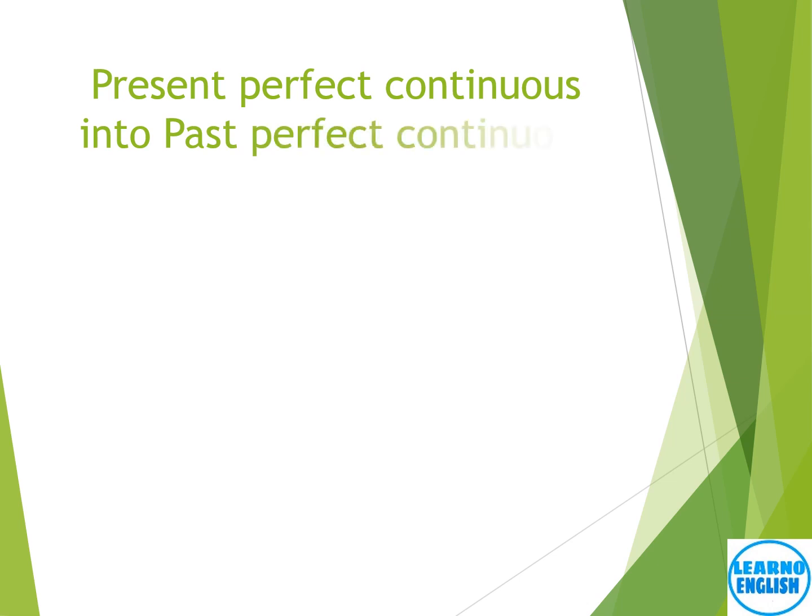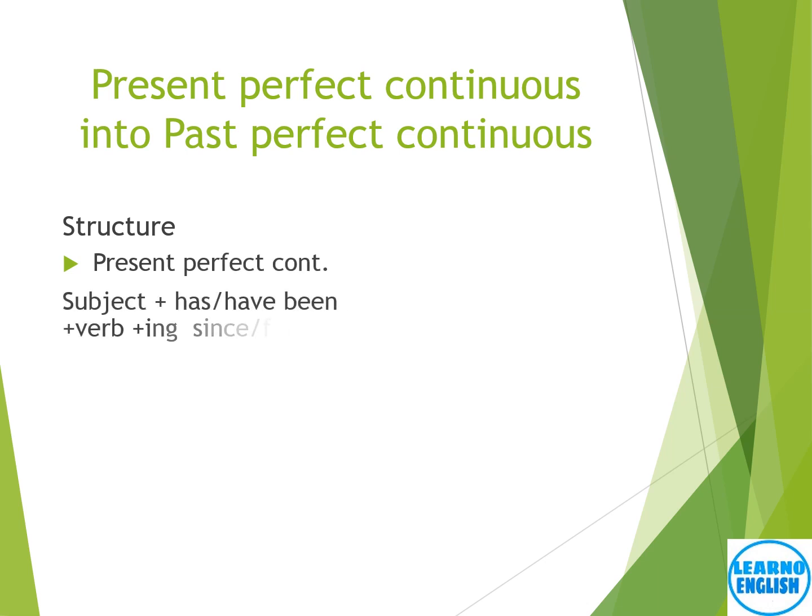One more form of present tense is left, that is present perfect continuous tense. Now see the structure. Present perfect continuous tense has got subject, it has got has or have plus been also. In the verb we add ing, and there is also since or for and time reference.